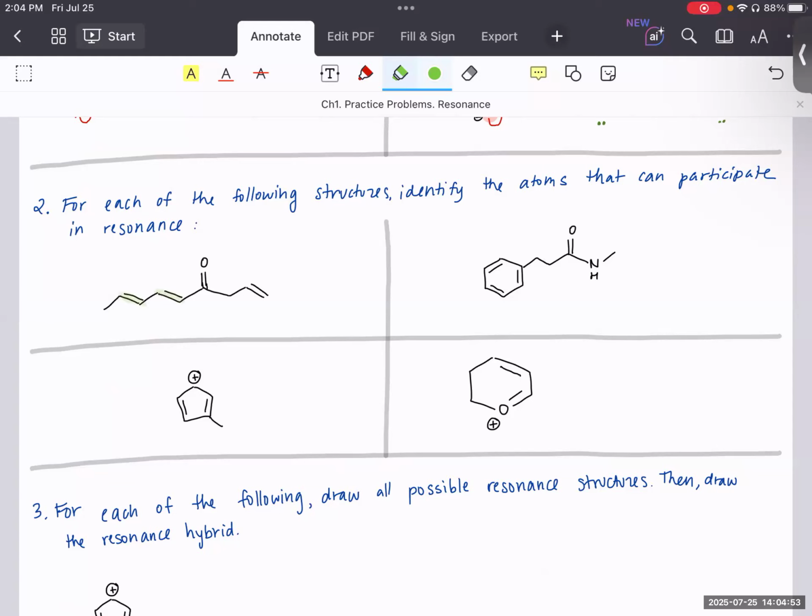And so here we can see that all 3 of these double bonds that I just highlighted in green are part of one system that can participate in resonance. And here, this double bond cannot participate because it's separated from the rest of the system by an sp3 hybridized carbon.